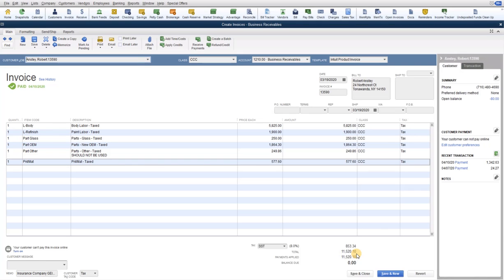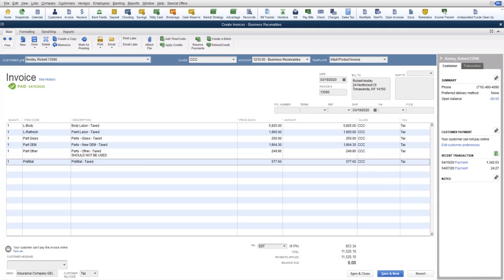Usually there's a couple of cents fore or aft that will vary, and that is because the method in which sales tax is calculated by a management system and the way that Intuit does it in QuickBooks are different. The difference is the way they round things off, and it becomes a slightly different sales tax.